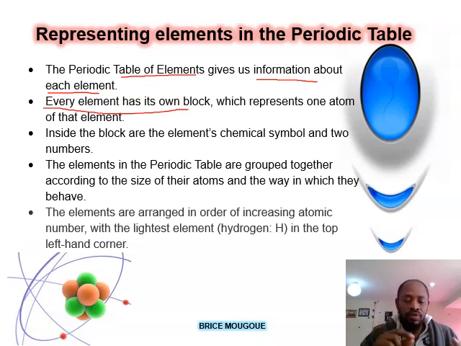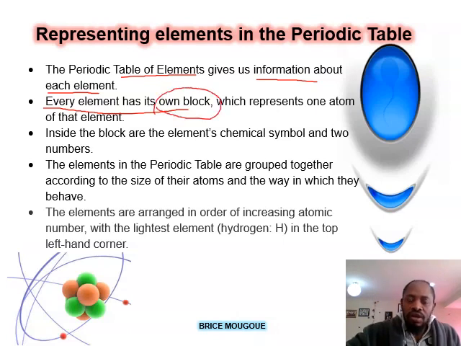In one element, each atom is the exact replica or copy of the other atoms present in that element. So it's enough to just pick up the nature of one atom, which will represent all the remaining atoms in that same element. Each element has its own block, which is represented by just one atom of that element.